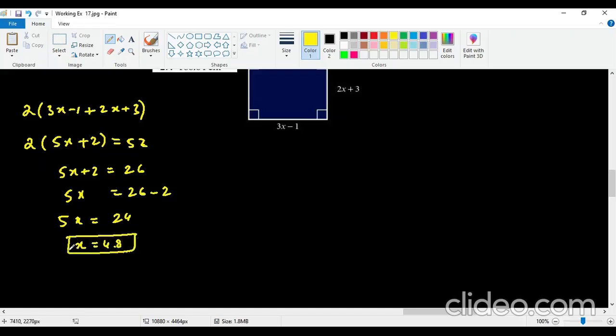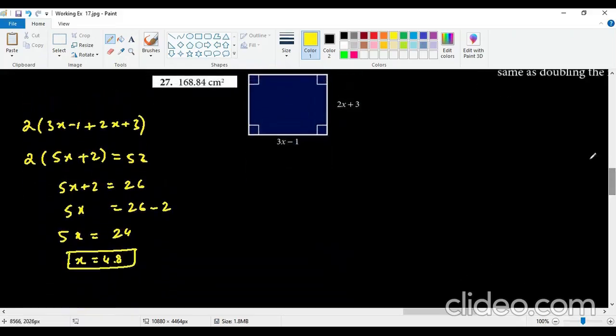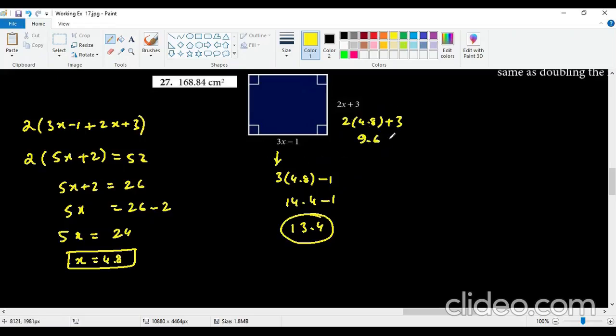Now we need to find out the area. For area, we need to find out the lengths. So this is 3x, 3 times 4.8 minus 1, and this is 2 times 4.8 plus 3. So 3 times 4.8 is going to give us 14.4, minus 1, that means 13.4 is one side, and 4.8 times 2 is going to give us 9.6 plus 3, which is going to give us 12.6.